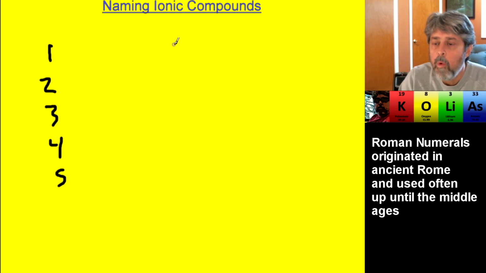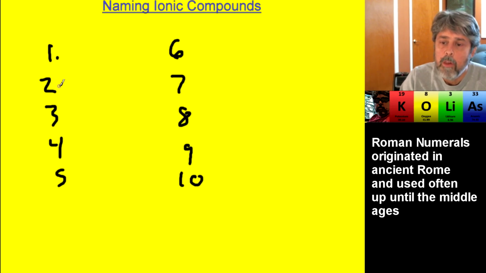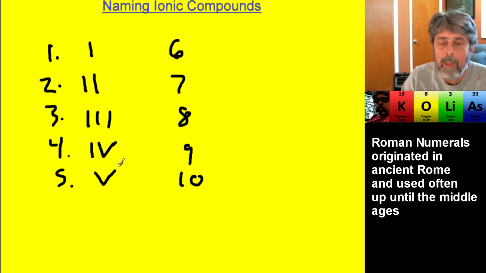So you're going to be required to know 1 through 10. Okay, so here we go. 1, Roman numeral 1 is just an I. 2 is 2 I's. 3 is 3. 5 is V. So 4 is 1 before 5, which is IV.